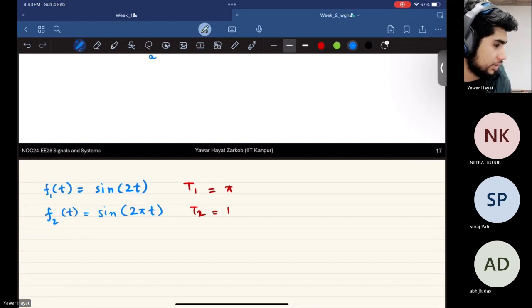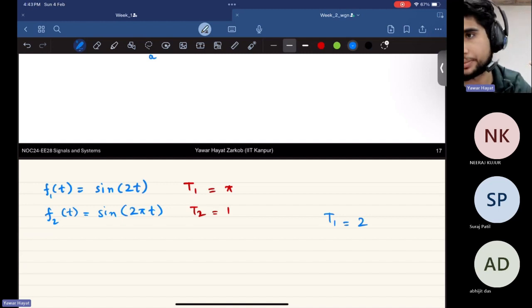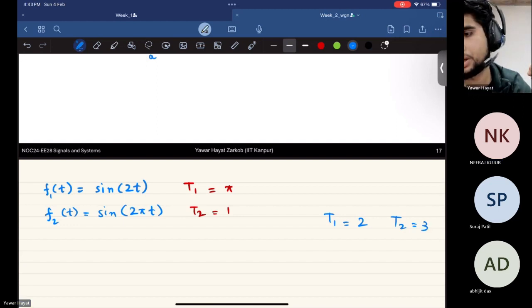Now, how do we usually find the time period of the sum of two signals? Suppose one signal has a time period of 2 seconds and the other signal has a time period of 3 seconds. What is the time period of the signal obtained by summing these two signals?